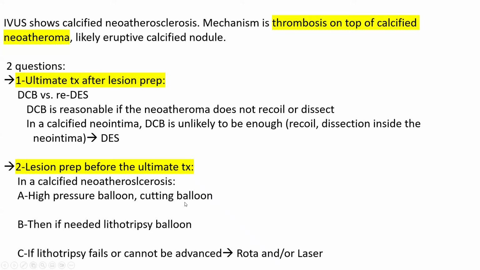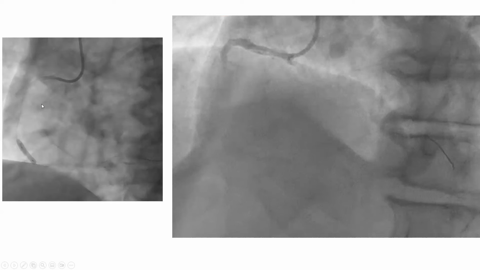Now, how do I prep that lesion before the ultimate treatment? In a calcified neoatherosclerosis, I will try high pressure balloon and cutting balloon. If that doesn't work, lithotripsy. If that doesn't work, I will consider rota and or laser. In this case, the lesion didn't yield well with a 3 millimeter high pressure balloon at 23 atmospheres, but it yielded well with a 3.5 by 10 millimeter cutting balloon.